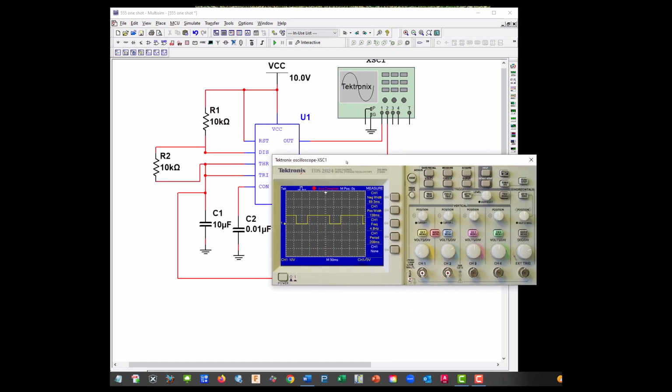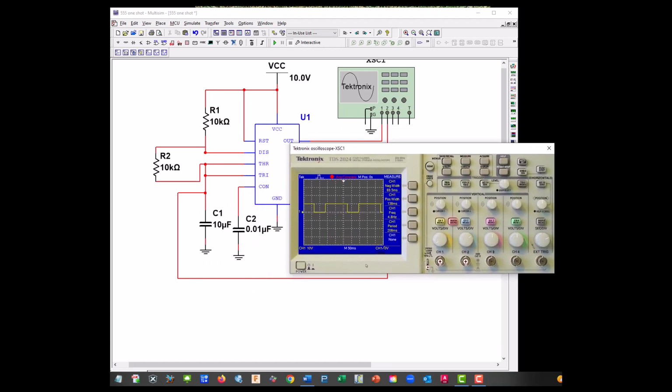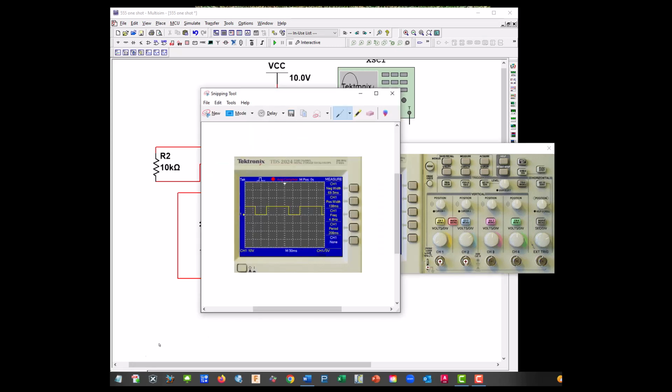Okay, let's take a look at our capacitor charge pattern. So let's turn on our blue, and let's go ahead and snip it out again.